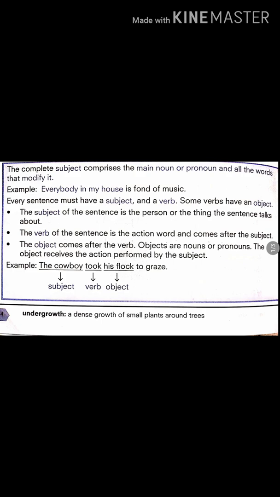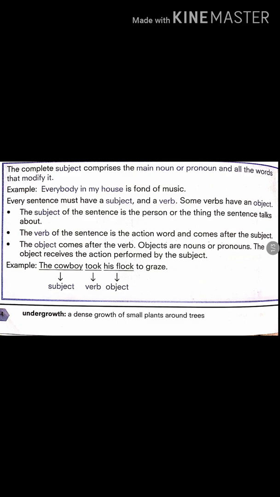Everybody in my house is fond of music. Now here "everybody in my house" is the subject and the rest of the part is the predicate. Instead of only "everybody", it is "everybody in my house". So "in my house" is the modification, the words that modify this subject, that is, everybody.